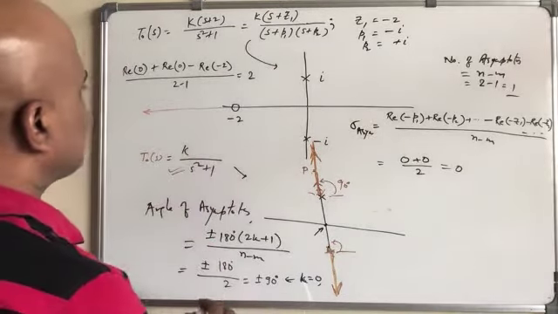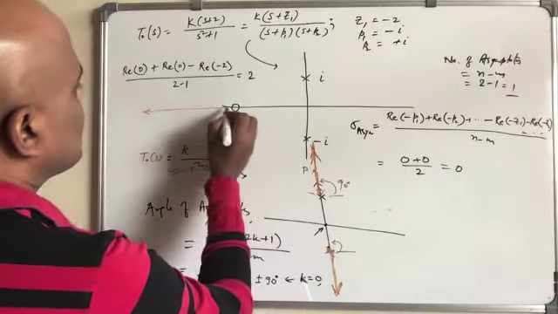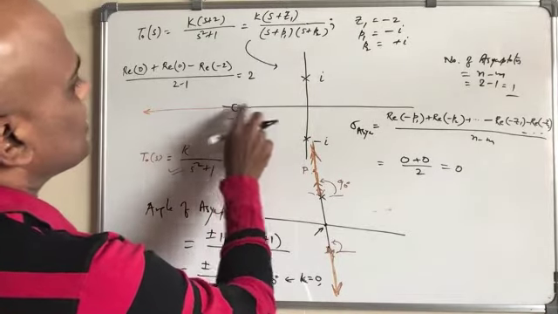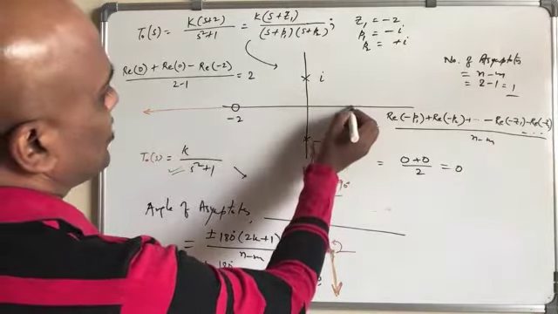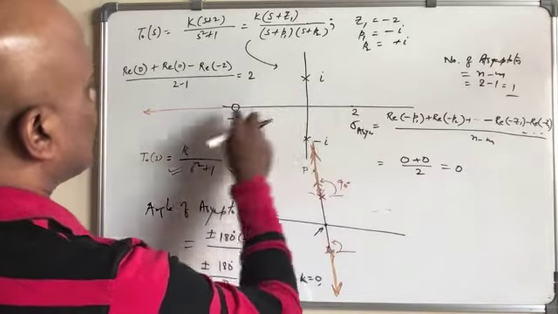So what it tells you is that it meets this line at 2, so point 2 is here somewhere, right?